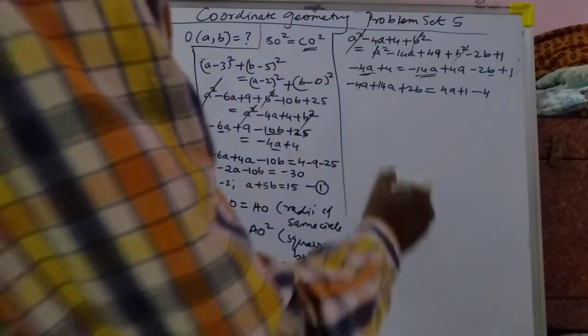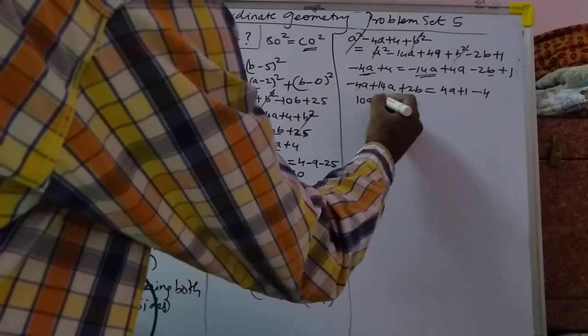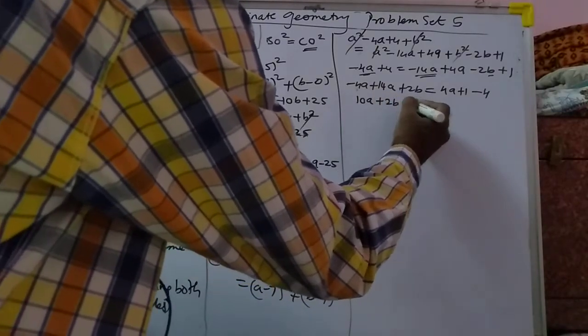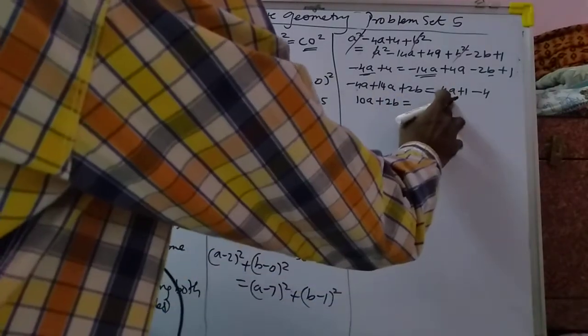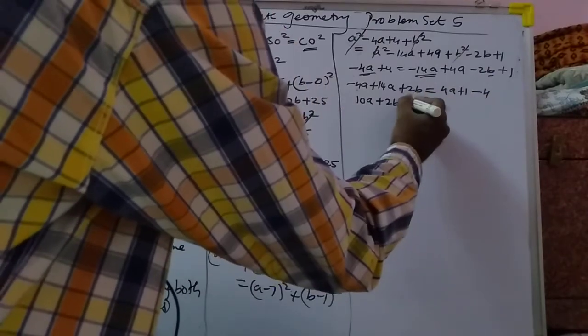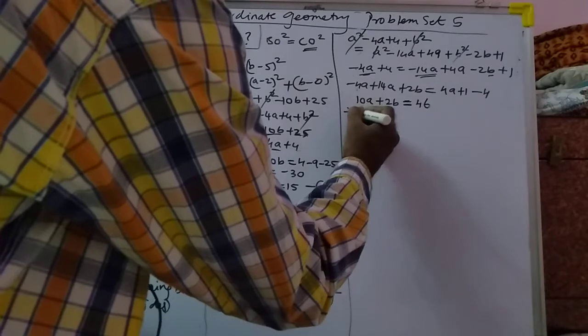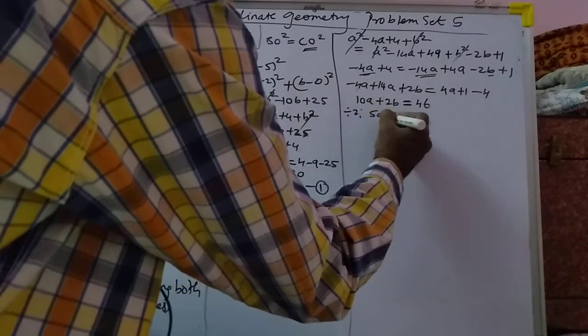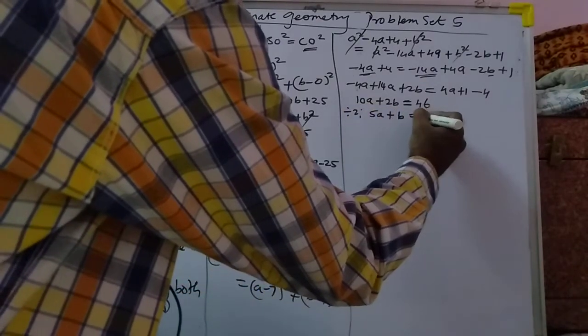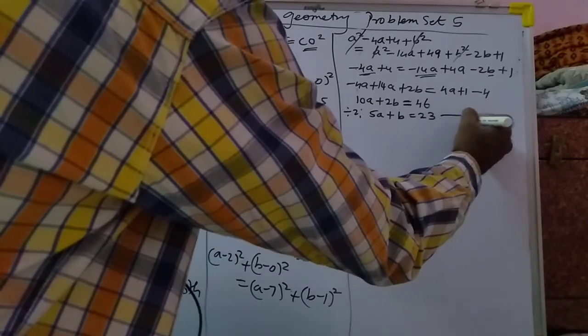So how much you will get? It will become 10a plus 2b is equal to 50 minus 4, so that will get 46. Now divide by 2, so that will become 5a plus b is equal to 23, equation 2.